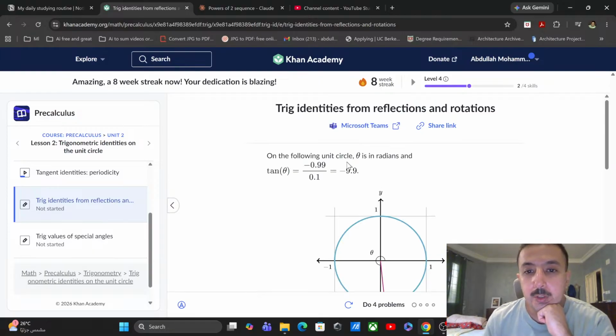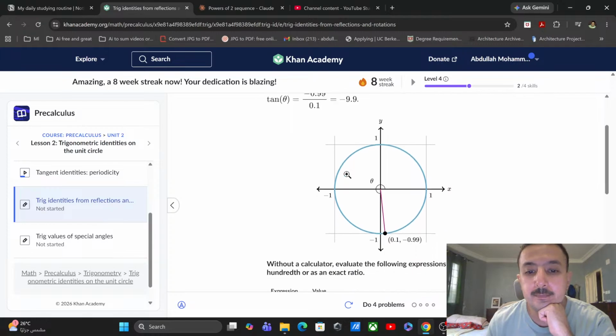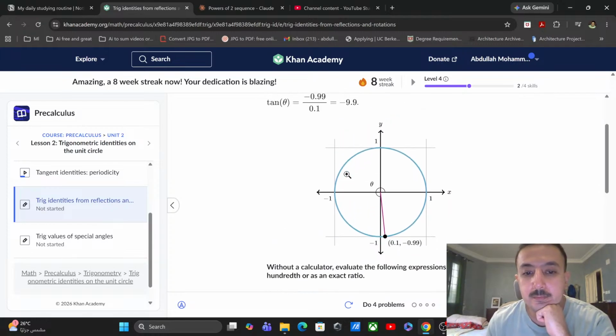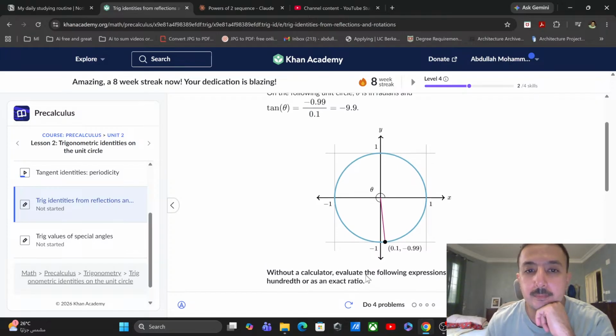On the following unit circle, theta is in radians and tan theta equals minus 0.99 over minus 0.1, which equals 9.9. Without a calculator, evaluate the following expressions to the nearest hundredth or as an exact ratio.